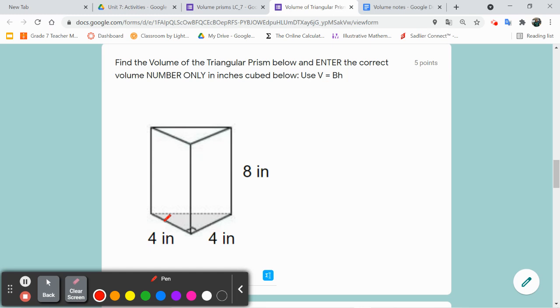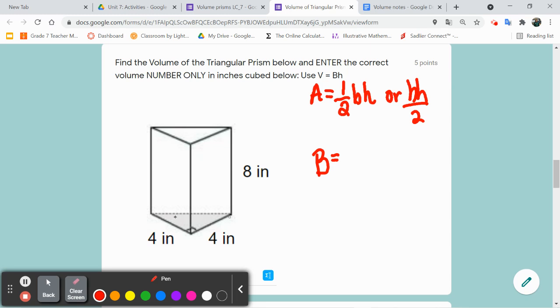So the first thing you're going to do is find the area of that triangle at the bottom, using the area of a triangle formula again. What's your area of a triangle formula? It's either 1/2 base times height, or base times height divided by 2. That gives you your big B in inches squared. Then when you're done with that and you write that number down, all you have to do is multiply it times the height.